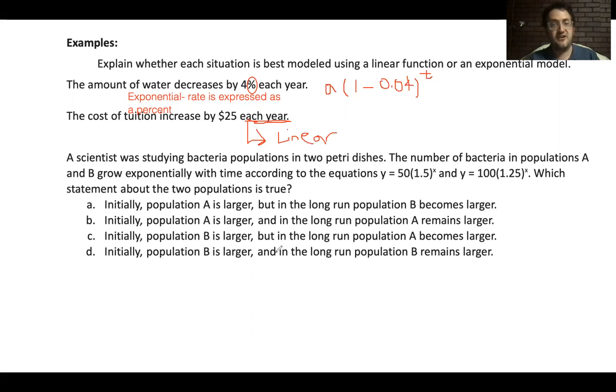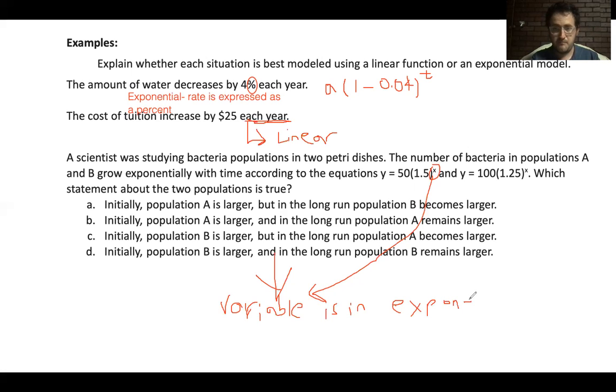And then this is probably an SAT type of question. But when you have a number that is being exponentiated, and it's called exponential because the variable is in the exponent, we'd say that this is an exponential type of situation.